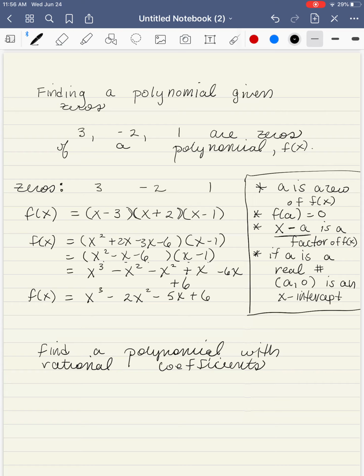We don't want to have any imaginary numbers or square root of 3 or irrational numbers as coefficients in our polynomial. So we want to have rational coefficients with zeros 4 and 2i.